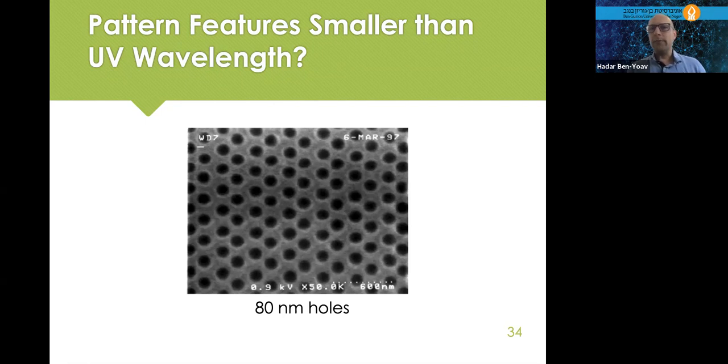So we cannot pattern features which are smaller than the wavelength. So how can we pattern features which are smaller than the UV wavelengths? For example, here, holes were patterned with 80 nanometer diameter.